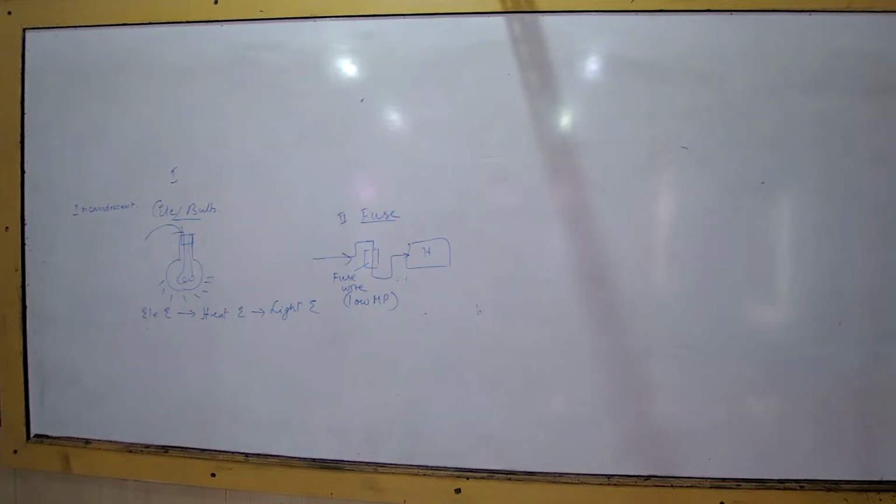Material is aluminium, copper, iron, or an alloy which has a low melting point.